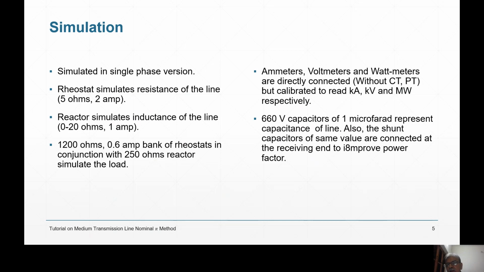We use ammeters, voltmeters, wattmeters, but we calibrate them as kiloampere meter, kilovolt meter, and megawatt meter to give you a feel of a transmission line. We are using a 660 volt capacitor of 1 microfarad for representing the inherent capacitance of the line and also for representing the deliberate capacitance that we would want to connect at the receiving end to improve the power factor.